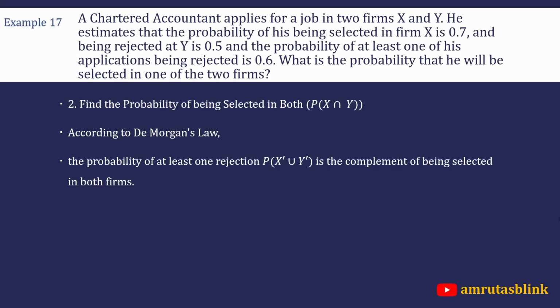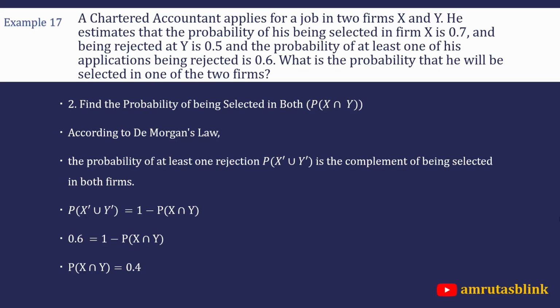So we will use De Morgan's law here, and what this De Morgan's law says is probability of X complement union Y complement is equal to 1 minus probability of X intersection Y, that is 0.6 is equal to 1 minus probability of X intersection Y. That means probability of X intersection Y is equal to 1 minus 0.6, which is equal to 0.4. That means probability of he being selected in both the firms is 0.4.